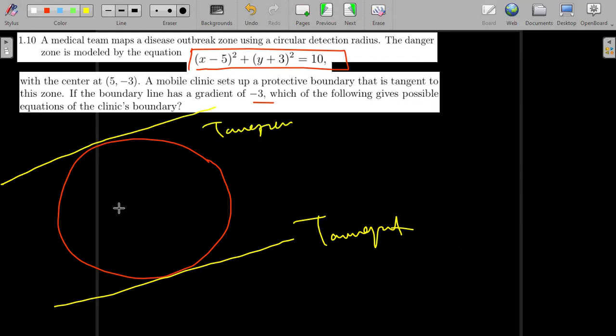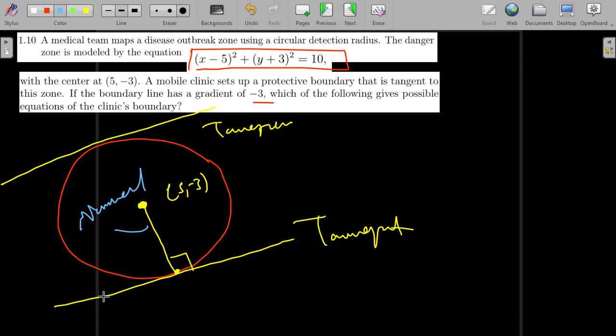So they're saying this circle has the center at 5, comma 3. Okay, so from the center to the point where the tangent line touches the circle there, these two lines will be perpendicular, or they will meet at right angles. So this line here now is called the normal line, because it meets the tangent at 90 degrees.